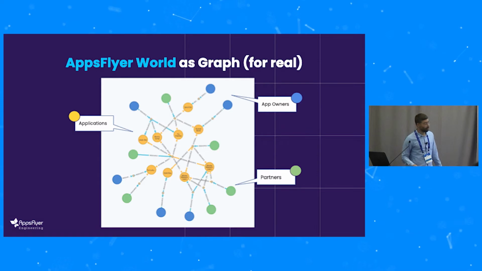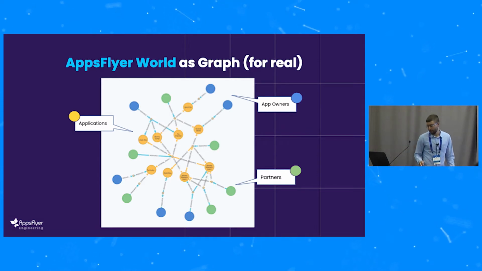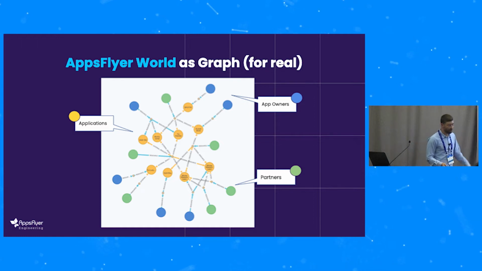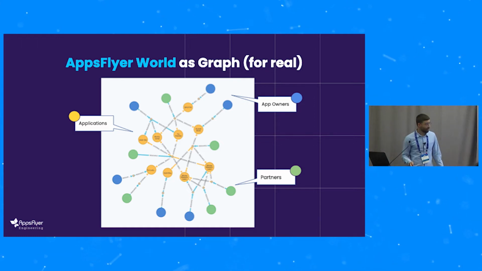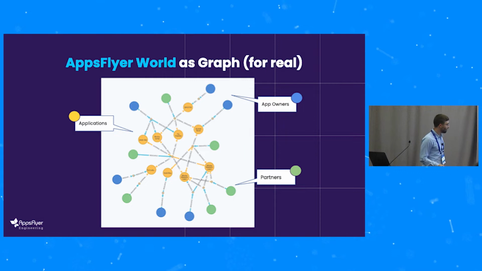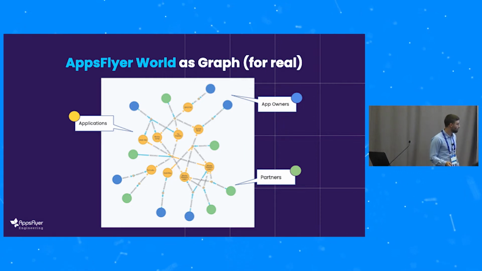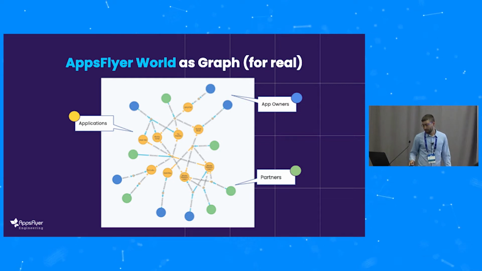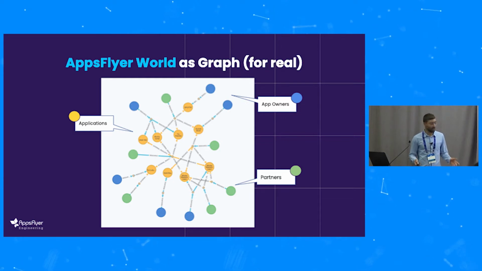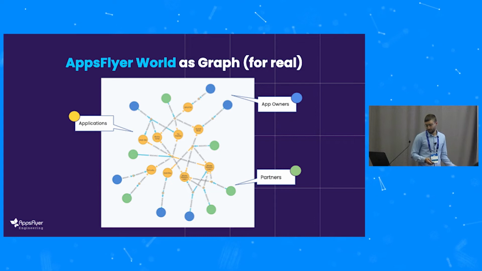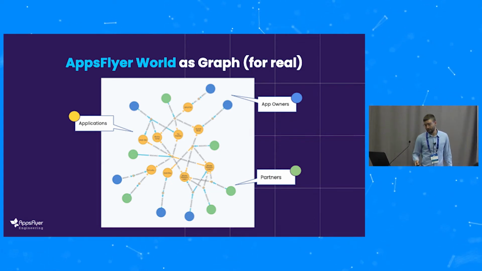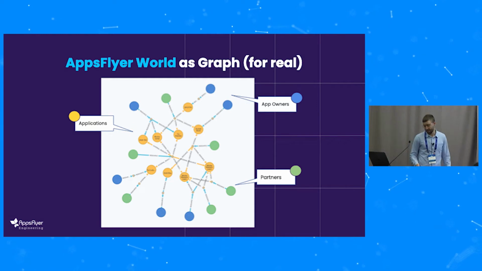In practice, the domain model was implemented over GraphDB, or Neo4j, a few years ago. You can see here the main entities, as I mentioned before. But in fact, the graph is much more complicated than that and contains many more nodes and relationships that reflect the AppsFlyer business context. We use it for various business flows, such as entity configuration, ownership, privacy regulations, and privacy policies.